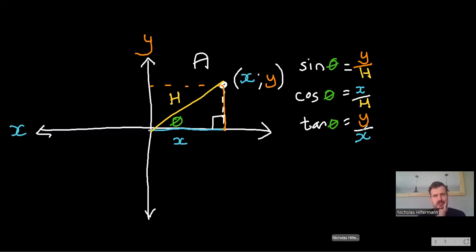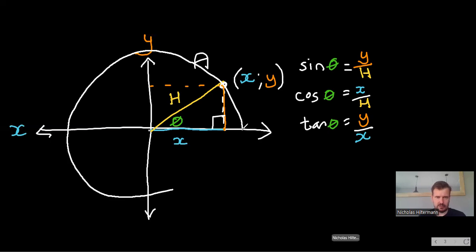Okay, so that's the first thing we learn when we get to the CAST diagram of trigonometry, is that everything in the first quadrant is positive. And we actually go around anti-clockwise. It's not like bearing where you go clockwise. You go anti-clockwise. And so here we hit 90 degrees. This is 180. This is 270.